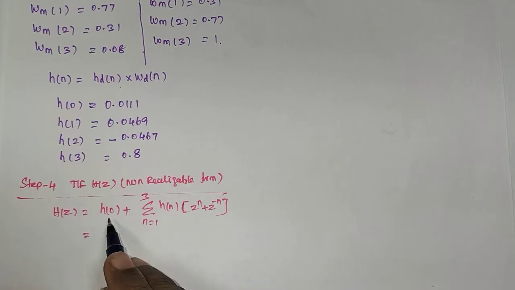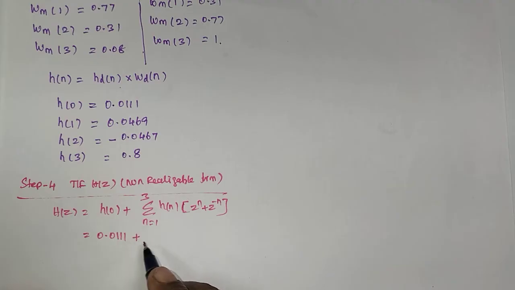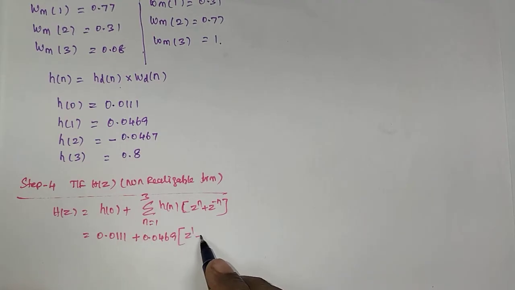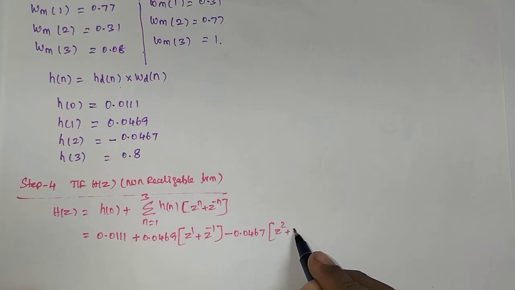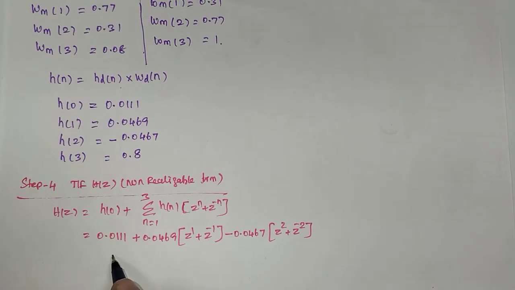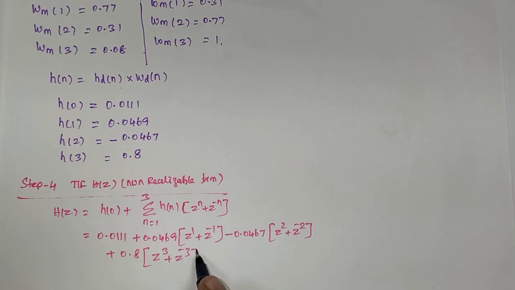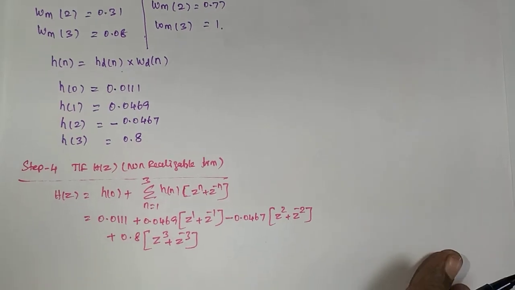This is equal to 0.011 plus 0.0469 into (z power 1 plus z power minus 1) minus 0.0467 into (z power 2 plus z power minus 2) plus 0.8 into (z power 3 plus z power minus 3). So we have found the filter function which is in non-realizable form.